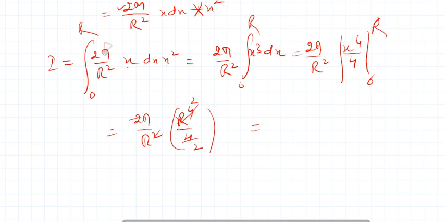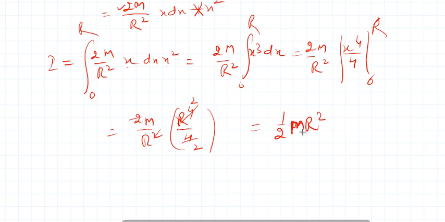First of all, pi should not be there, it's 2m, not pi. Let me correct it. So this 2 will cancel out, so it is mr square over 2.